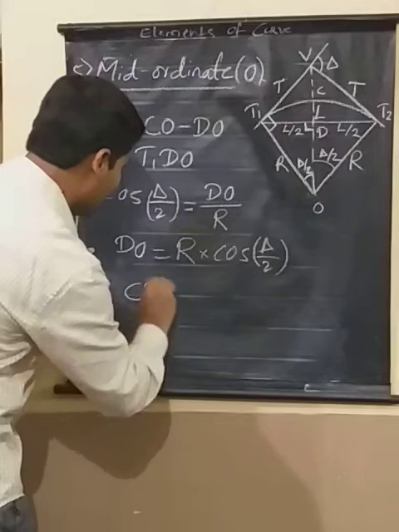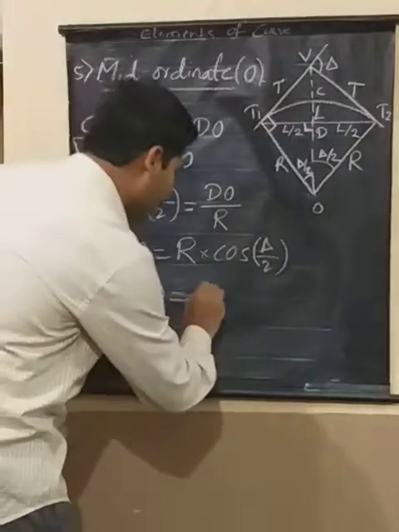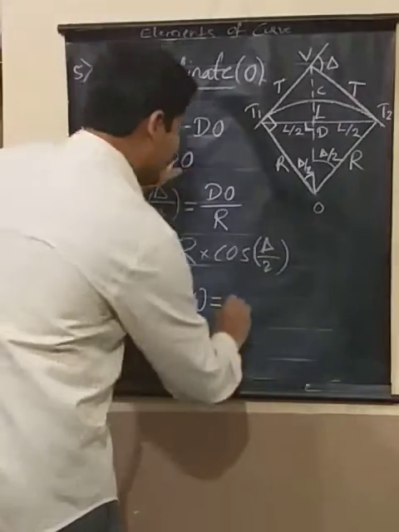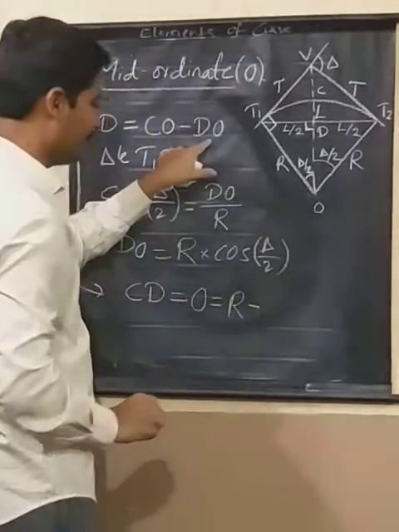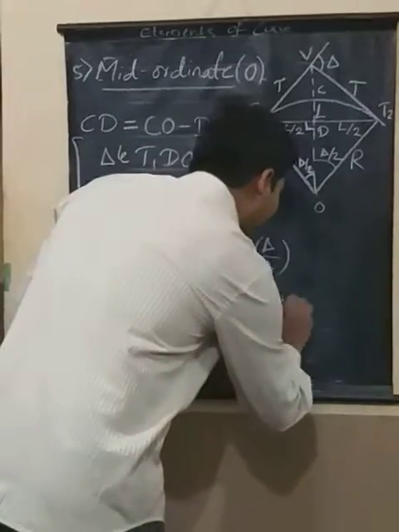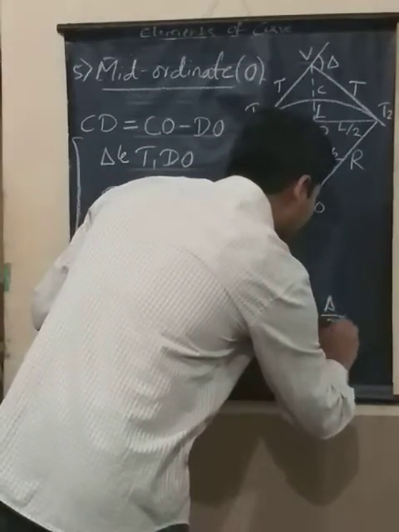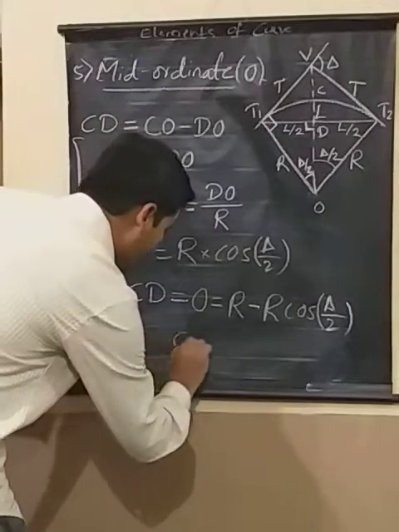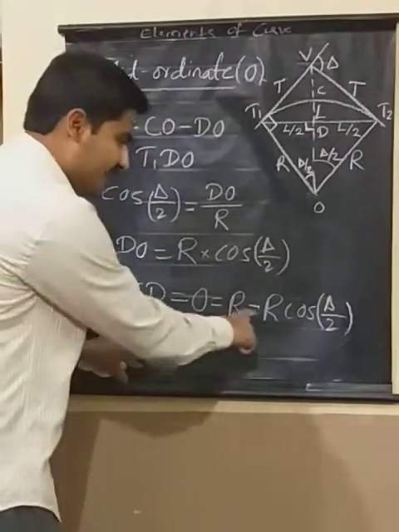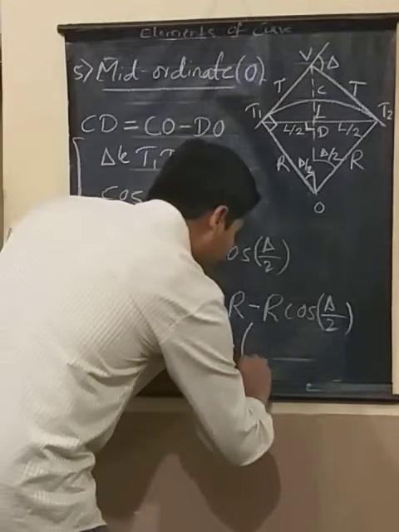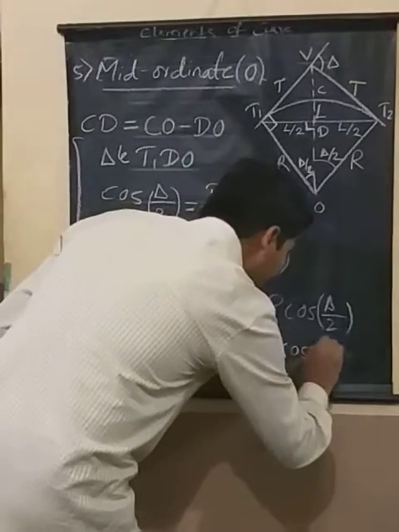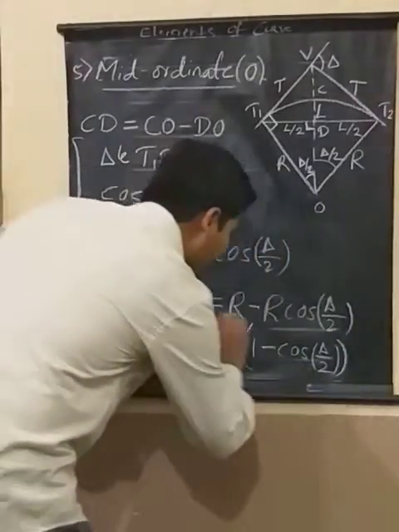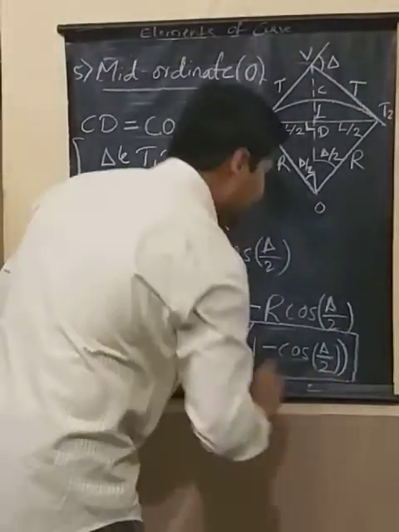So CD, that is mid ordinate, denoted O, is equal to R minus DO, and DO is R cos delta by 2. Now O can be written by taking out R common: 1 minus cos delta by 2. So this is the formula for mid ordinate.